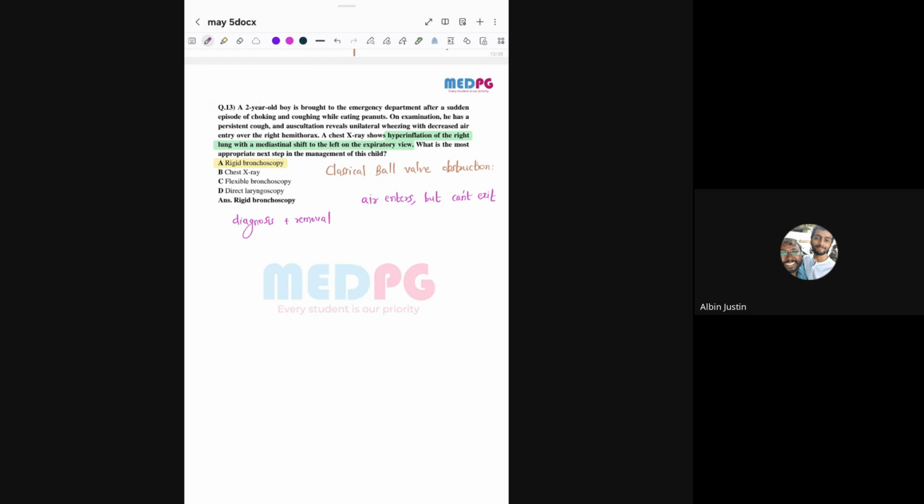It is preferred in children because it has better airway control and larger lumen for instruments. Why not flexible? Flexible is not ideal for removal in children. And direct laryngoscopy is for the upper airway and not the bronchial tree.